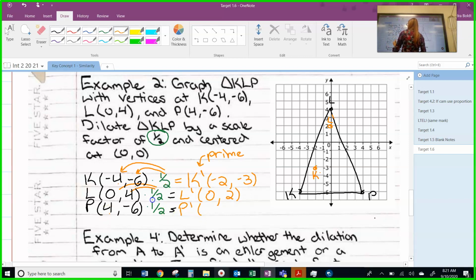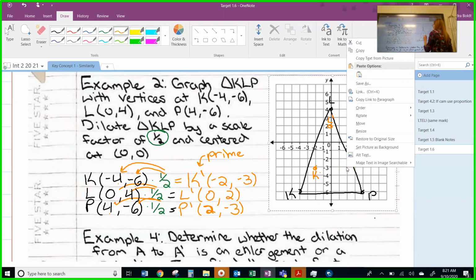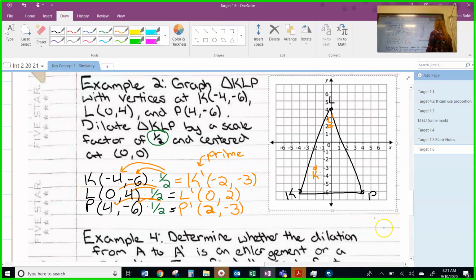Well, 4 times 1/2 is 2. -6 times 1/2 is -3. So we have (2, -3). Doesn't like P for some reason. And that's P prime.